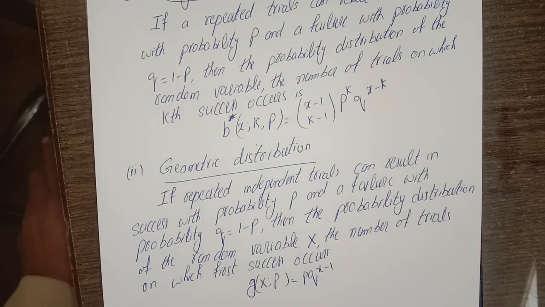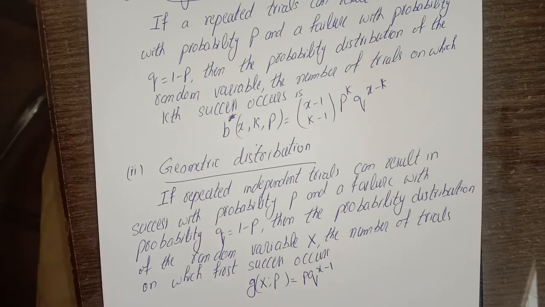Just consider the case that you are giving a driving test for getting the driving license. The number of trials on which you get the driving license is basically a geometric distribution. Similarly, you can model a lot of different situations in which you have a number of trials for the first success.